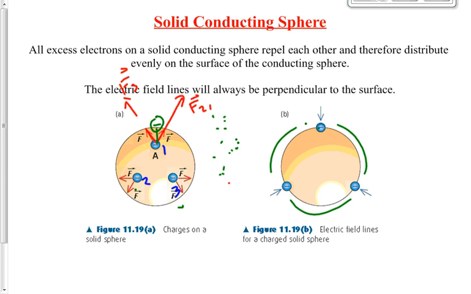In the end, on that 3-dimensional sphere, they would go to the surface and they would be evenly spaced on the surface. That makes some sense? These blue lines here, real quickly, what do you think they represent? The electric field, right? The electric field points toward a negative producer. Why? Well, because ultimately it points toward the individual excess electrons on that negative producer.